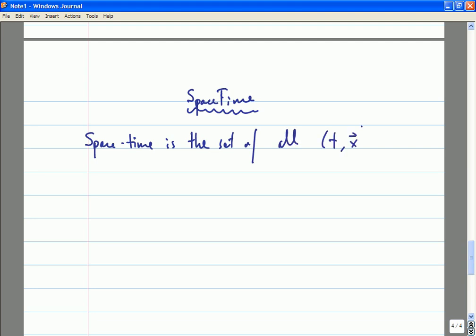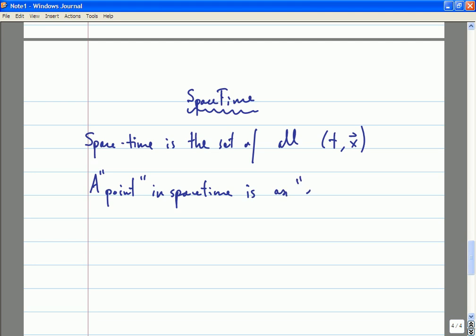So here I am using a Cartesian coordinate system where x vector just stands for x1, x2, and x3, the set of three quantities which label a point in space. And a point in space-time is often referred to as an event.